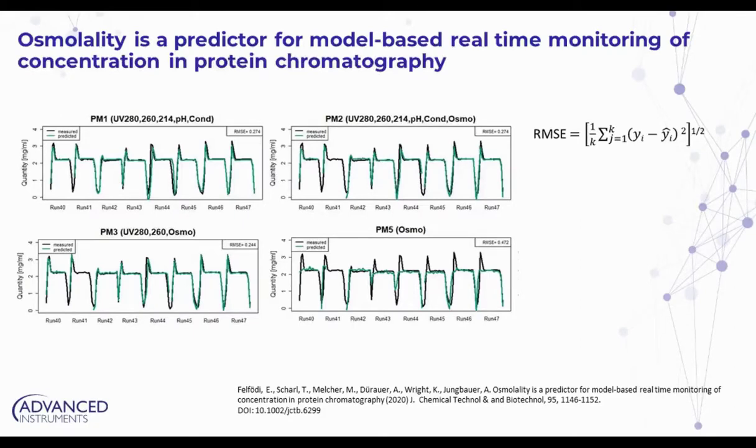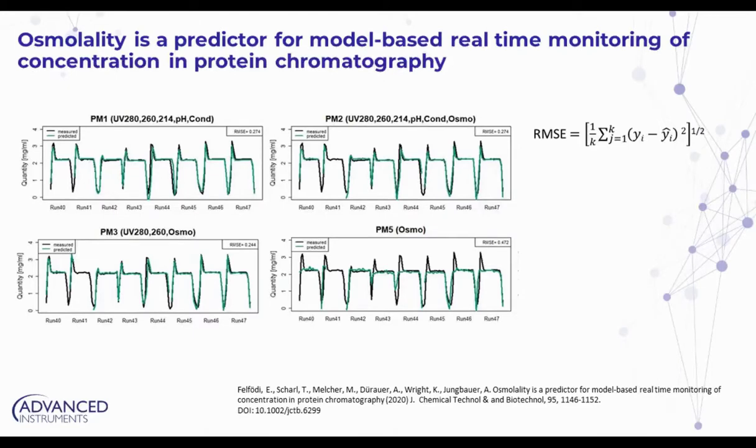And if you want to get more information, I advise you to read this paper. So for us it was really a surprise that osmolarity is a really good predictor.